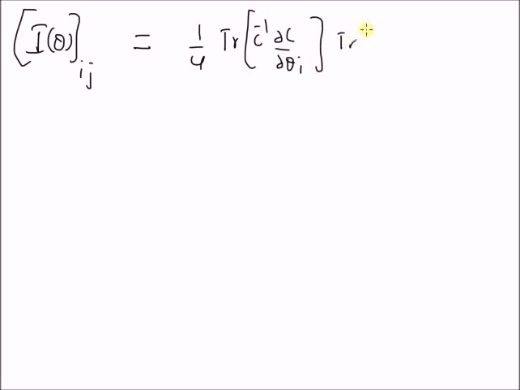The Fisher information matrix element in ith row and jth column of the Fisher information matrix is defined as, it will be equal to 1 by 4 trace of C inverse derivative of C with respect to theta I multiplied by trace of C inverse derivative of C theta j.